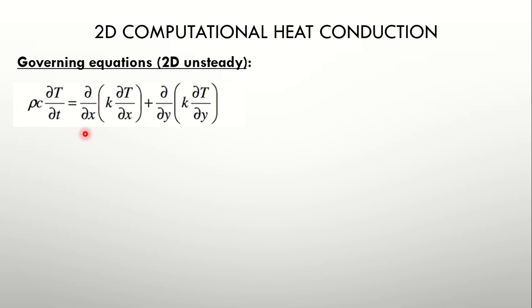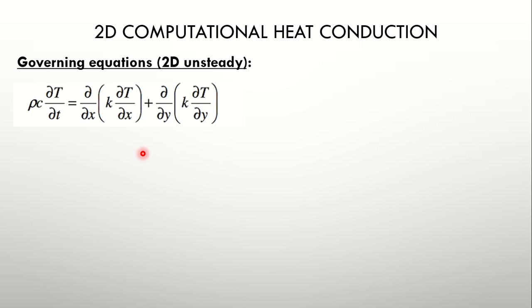Now, as I said, the first task is to convert this partial differential equation into an algebraic equation. For that we have to convert ∂T/∂t and ∂T/∂x, ∂T/∂y, or else you can also say ∂²T/∂x² and ∂²T/∂y².